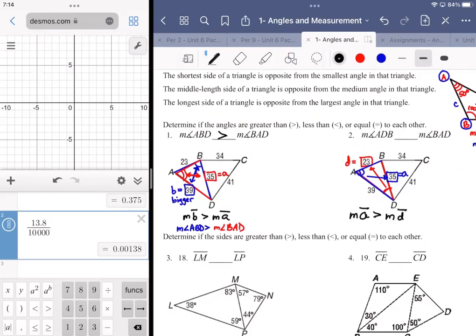All right. Now that D corresponded to the ADB. So that's the measure of angle ADB. The A corresponded to the BAD.